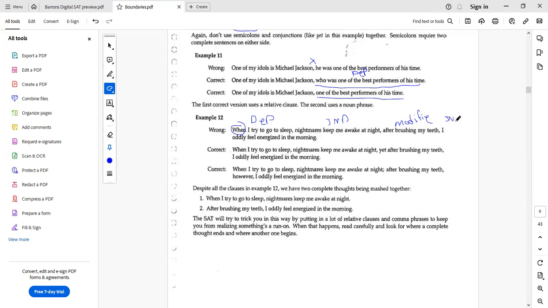Wait, mister, I think there is a problem, because this modifier is with this sentence. So now all of them are independent, and this is independent with this one. And here dependent, comma, independent is right. But the problem here is the independent. Here is wrong. You have to put a semicolon, comma FANBOYS, or full stop only. You can't put a dependent because we have a dependent already. So he put comma yet, or he put a semicolon.